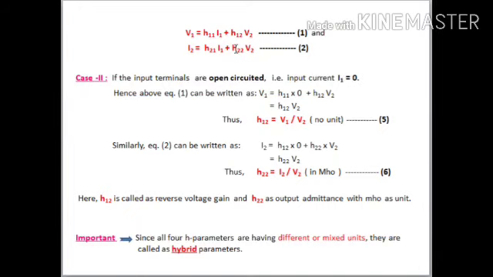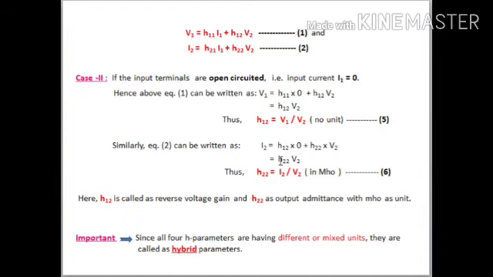I1 is this variable, so we make its value 0, so the term H21 into I1 becomes 0. Same is mentioned here: I2 equals H12 into 0 plus H22 into V2. So this term becomes 0 and the remaining is H22 into V2.